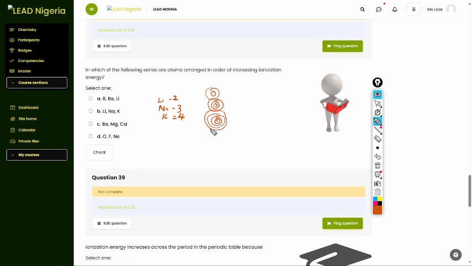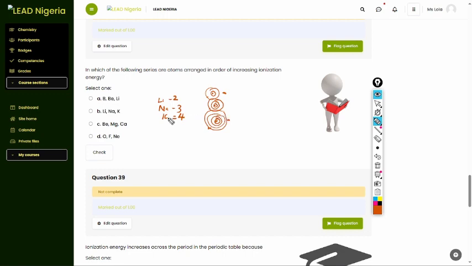nucleus to the end also increases, which means the force of attraction between the last shell and the innermost shell will also decrease. So the attraction from this to this is not as strong as the attraction from this to this. Neither is it as strong as the attraction from this to this. So this would require more ionization energy than this one. The energy you need to knock out the electron from this one would be less than the energy you need here.